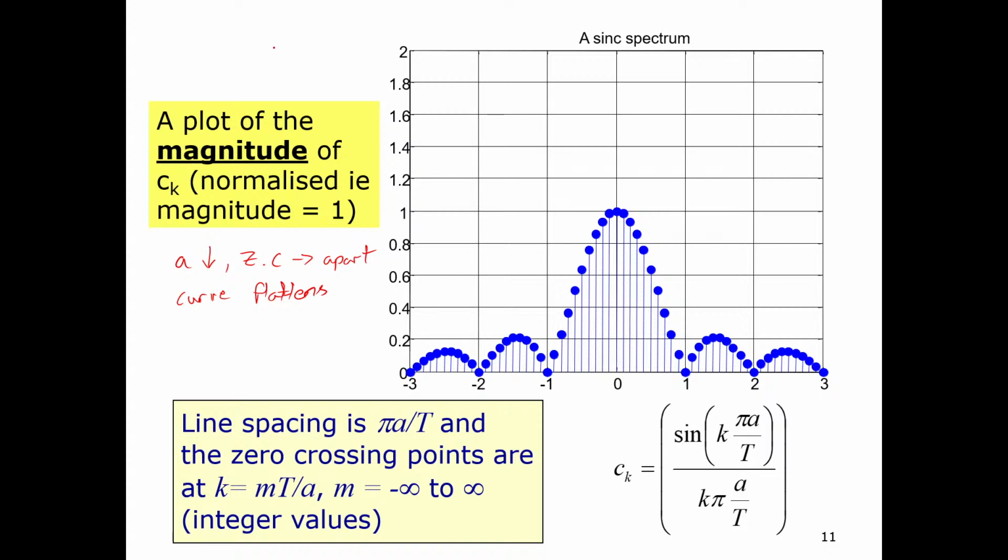The curve here, if we plot it, will just end up being a straight line, because it flattens entirely, and that's because the zero crossings move apart as a decreases. Conversely, that also means as T increases, we get that same effect, because T is in the denominator. Once we get this flat line, this is what we refer to as a single pulse. And if we take the spectrum of the single pulse, we'll get a continuous sinc function altogether.